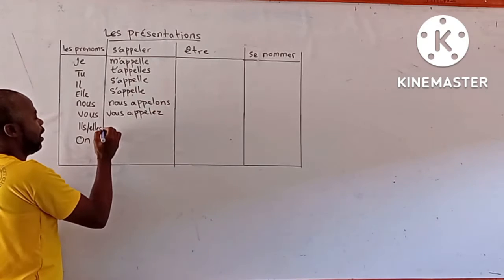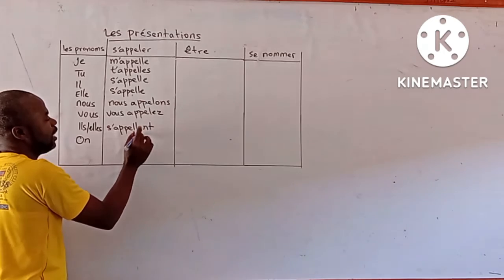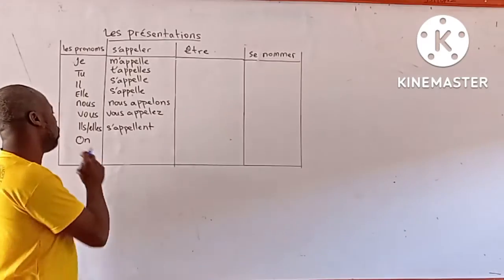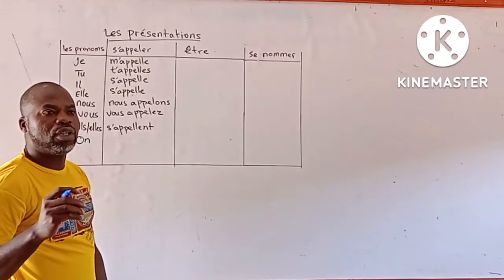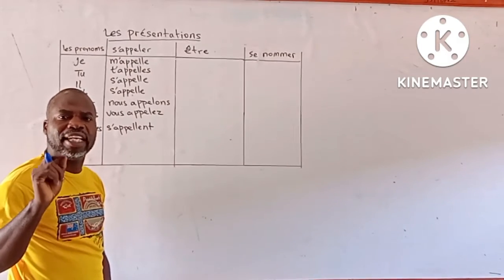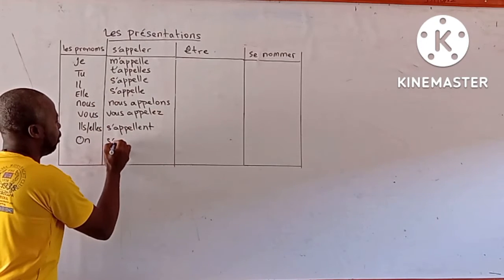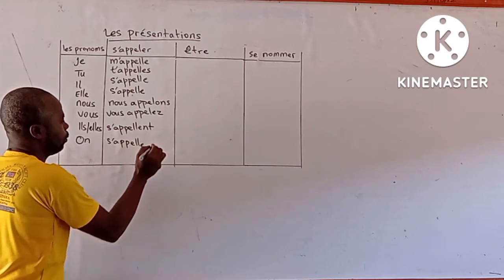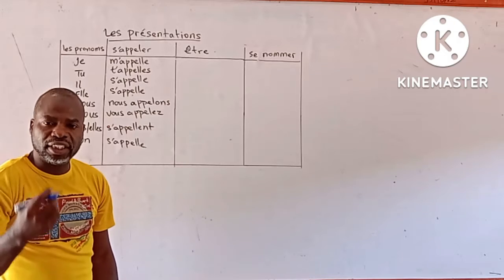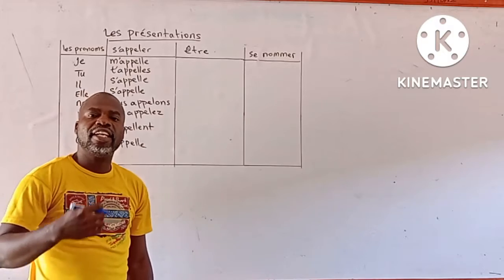Then, ils s'appellent. The ent at the end is to mark the plural. And on, despite being used for many people, the verb that follows it will always be in singular. So we have on s'appelle. Je m'appelle, tu t'appelles, il s'appelle, nous nous appelons, vous vous appelez, ils s'appellent.